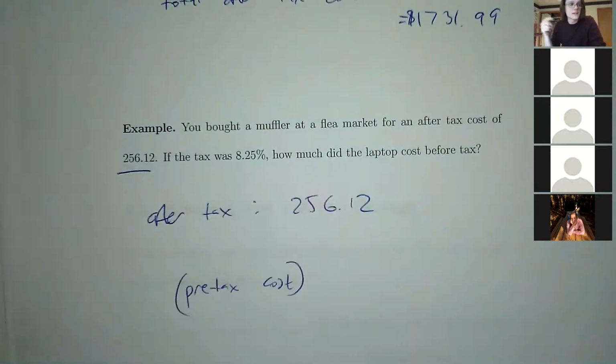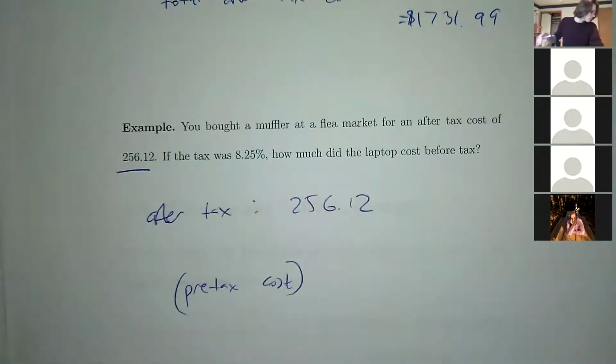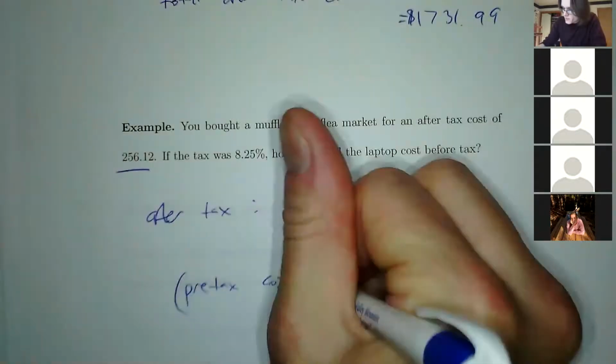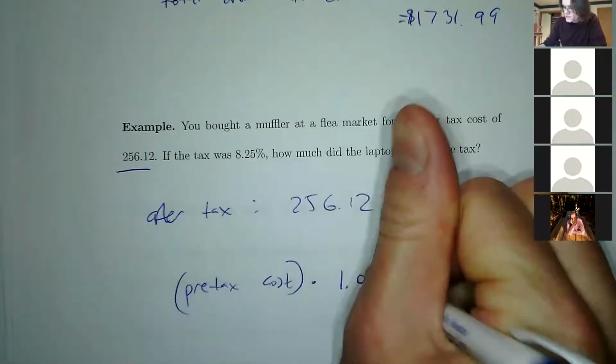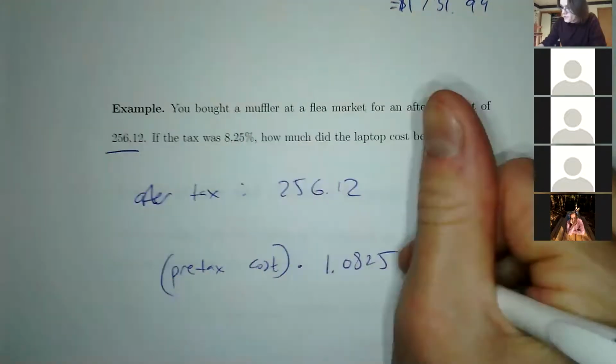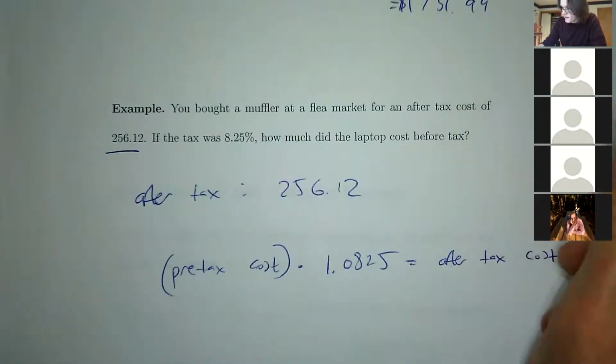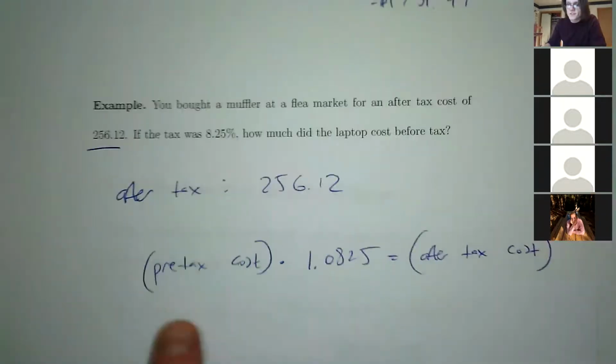And I'm going to do it like I just did on that blank sheet of paper I threw on the floor. I'll do the pre-tax cost times 1.0825 equals after-tax cost. All right, so this is basically my equation, right?